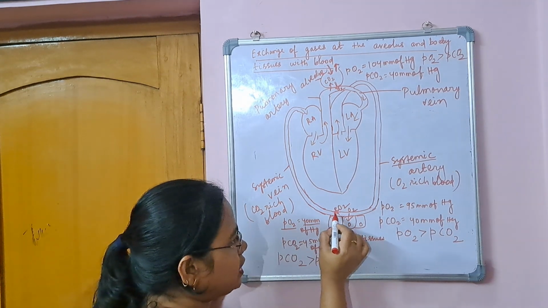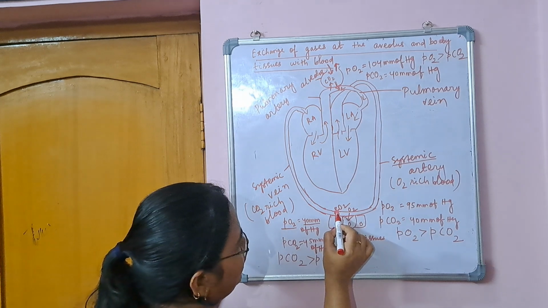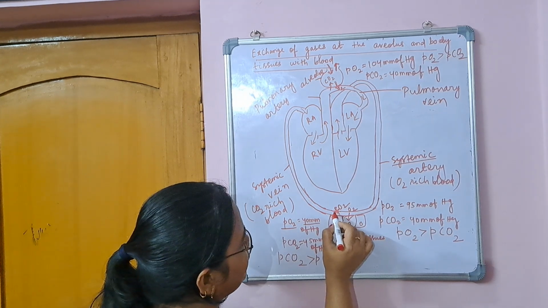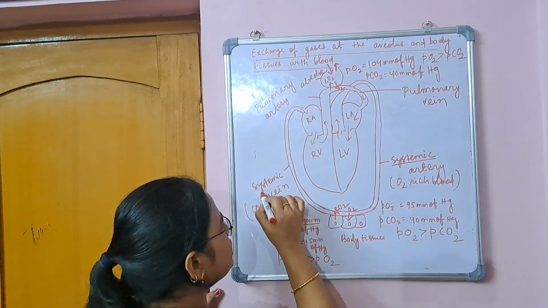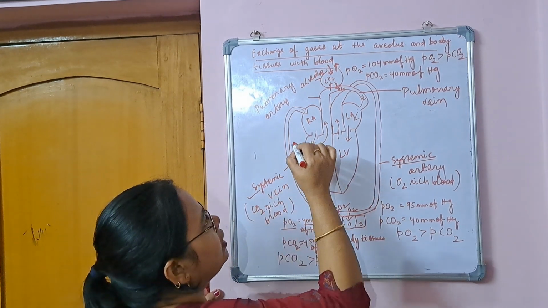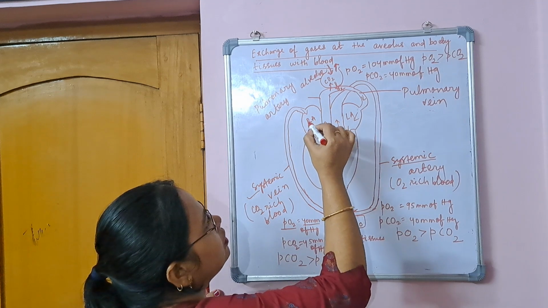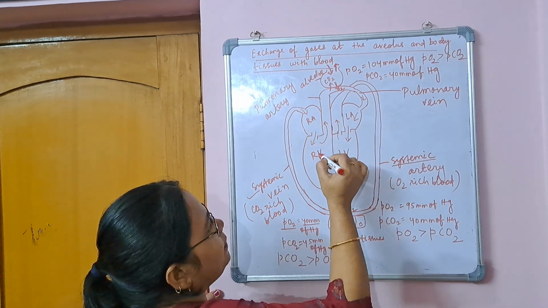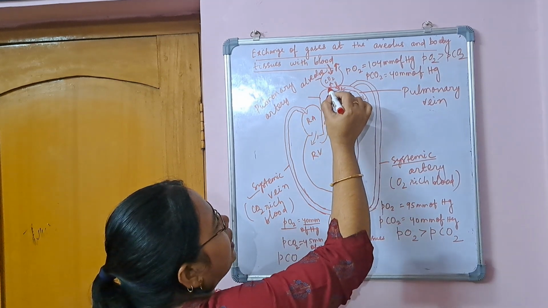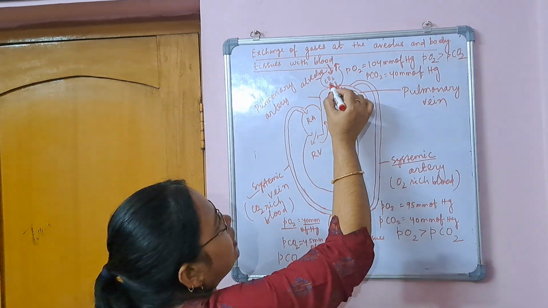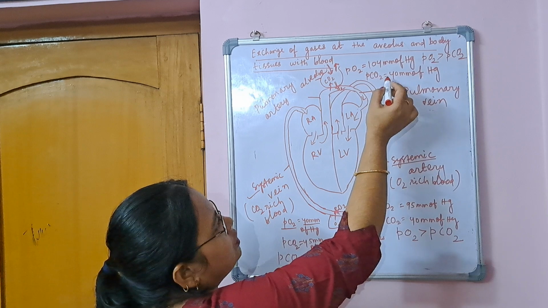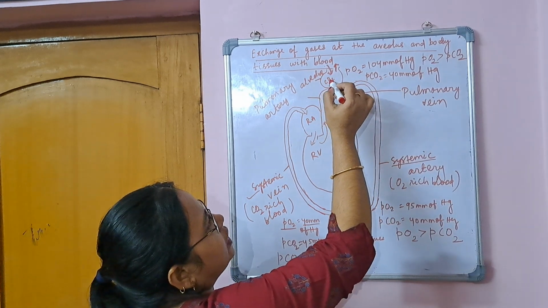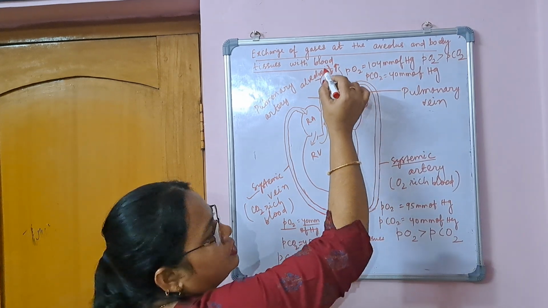So CO2 is released to the capillary, and in the form of carbaminohemoglobin it is carried through the systemic vein, and again goes to RA and RV, and then through the pulmonary artery, and then near the alveolus CO2 is released because PCO2 is less than PO2 here, and this CO2 goes outside.